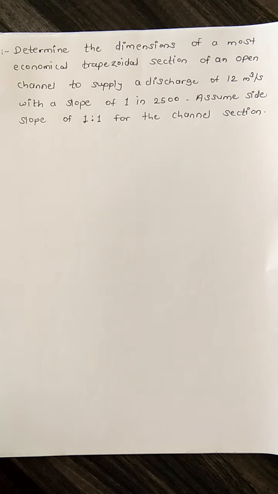So the problem statement is: determine the dimensions of a most economical trapezoidal section of an open channel to supply a discharge of 12 meter cube per second with a slope of 1 in 2500. Assume side slope of 1:1 for the channel section.